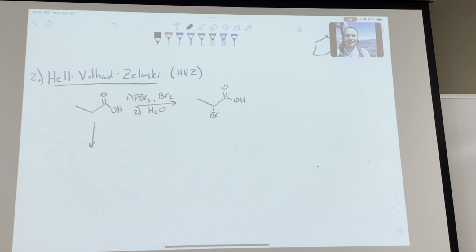Yeah, exactly. We're just going to substitute the Br instead of an OH. So nothing new there. So the first step is the conversion of the carboxylic acid into the acid bromide.